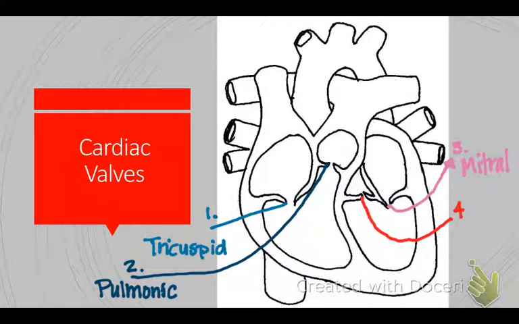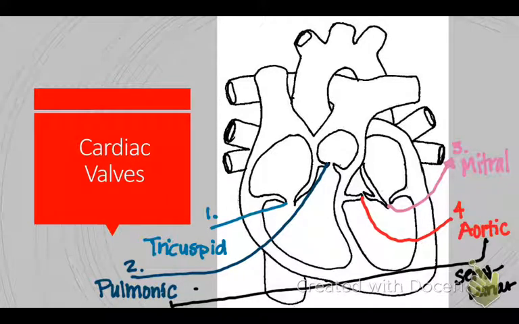So that is why it's important to know your valves and your pulmonic and your aortic or semilunar valves. Their significance is that they prevent blood from regurgitating into the ventricles, because remember what I said, the ventricles are your higher pressure, right? So the valves are more intricate in this case.